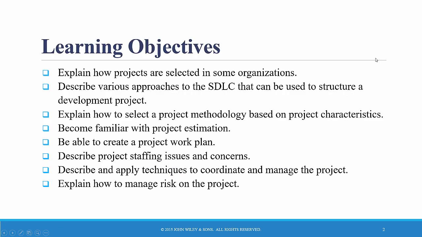Here are the learning objectives for this chapter. To explain how projects are selected in some organizations, to describe the various approaches to the systems development lifecycle that can be used to structure a development project, to explain how to select a project methodology based on project characteristics, to become familiar with project estimation, to be able to create a project work plan, to describe project staffing issues and concerns, to describe and apply techniques to coordinate and manage a project, and to explain how to manage risk for a project.